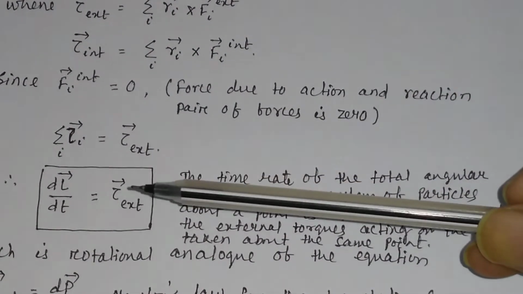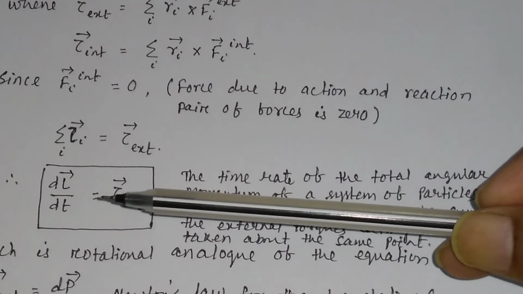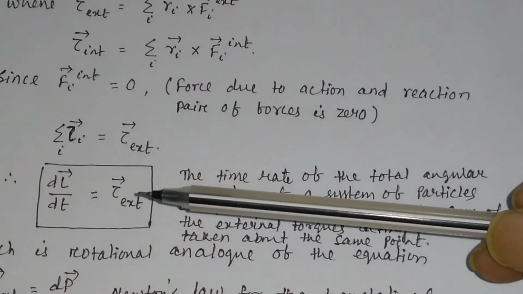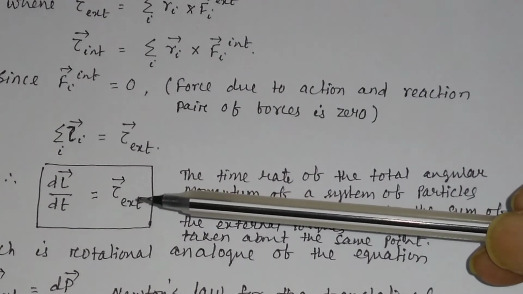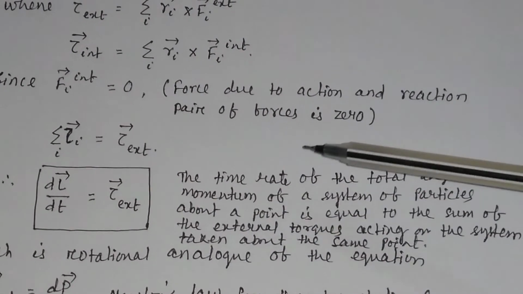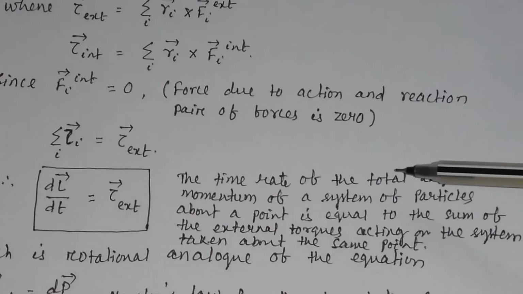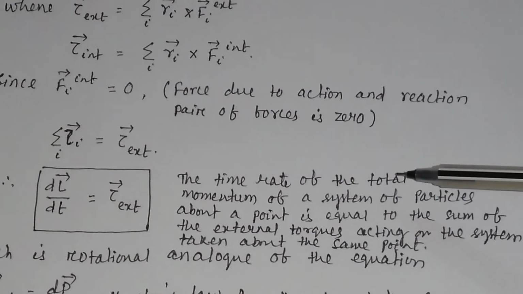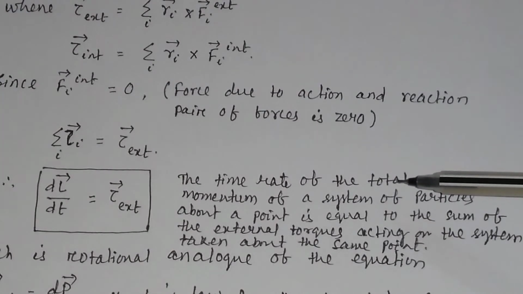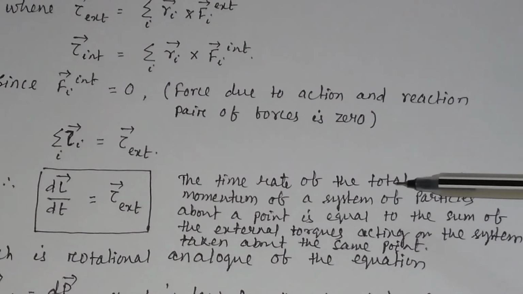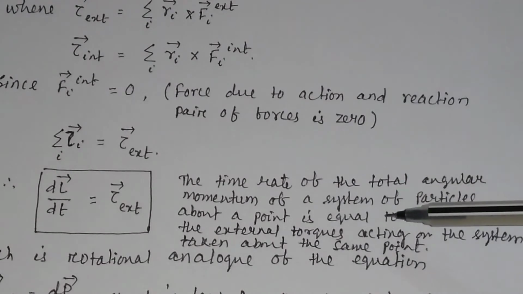So the first derivative of the total angular momentum is equal to the external torque, that is, the time rate of the total angular momentum of a system of particles about a point is equal to the sum of the external torques acting on the system taken about the same point.